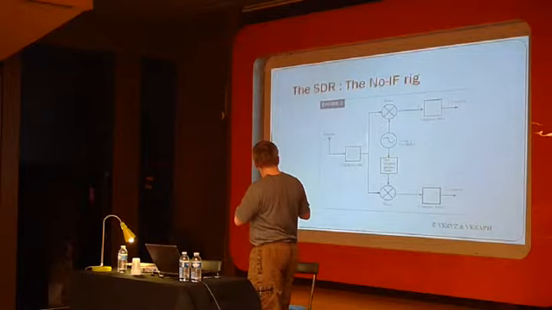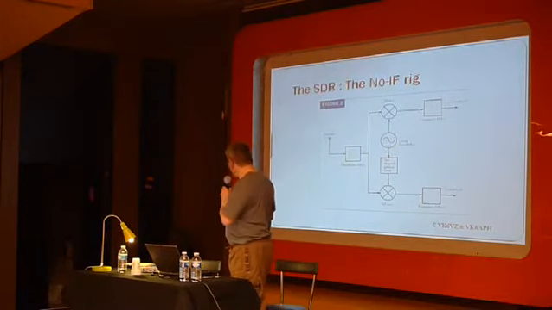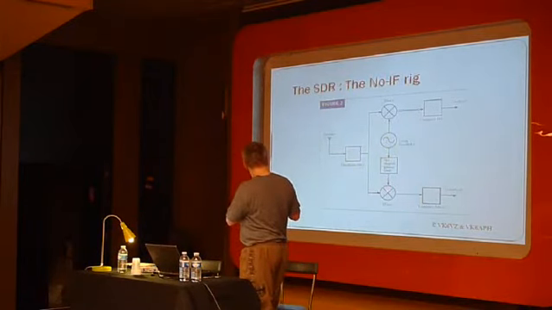That means the direct signal and the same signal shifted 90 degrees compared to this one. That means the same signal with two different time differences. This one is a little bit earlier than this one.